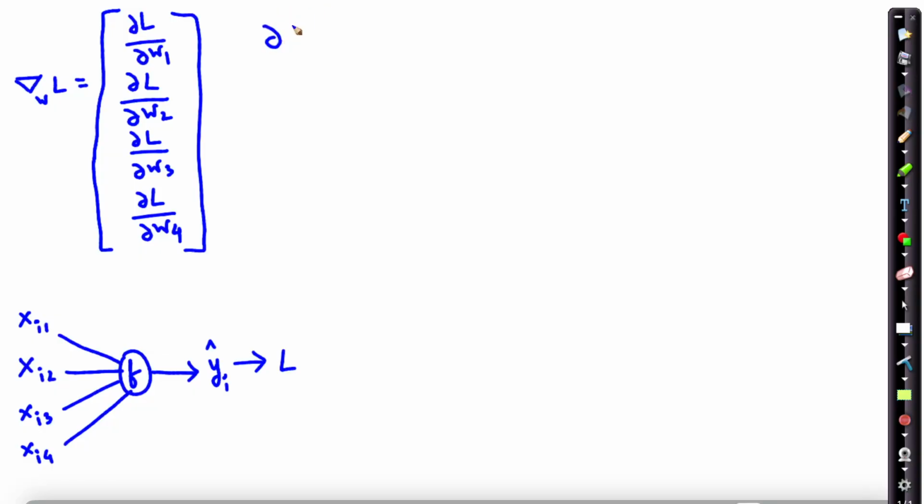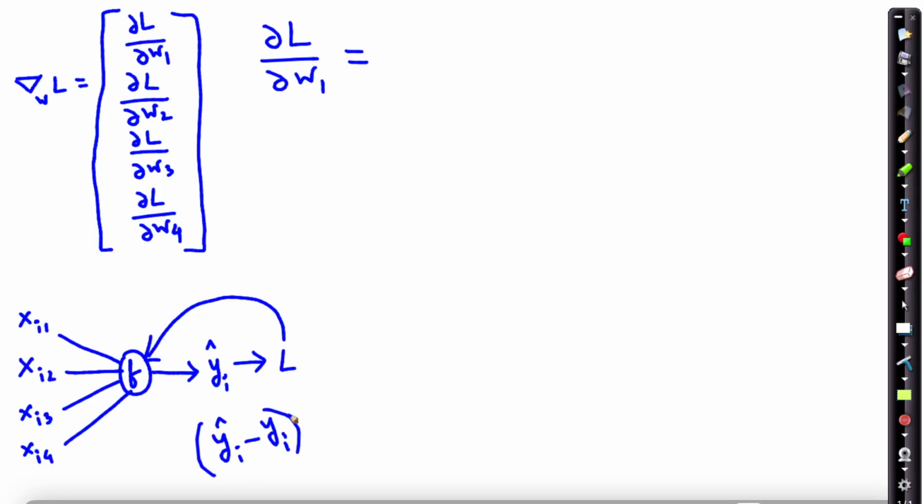I'll just write it here, dou L, dou W1. This is the partial derivative of loss with respect to W1. See here, this loss is directly dependent on the function f, because f will give the output yi hat, which is the predicted value, and depending on this yi hat, the loss will be calculated. Loss is nothing but yi hat minus yi whole squared.